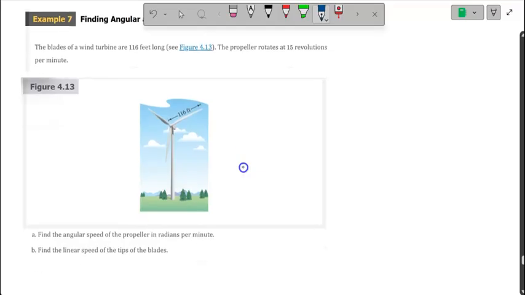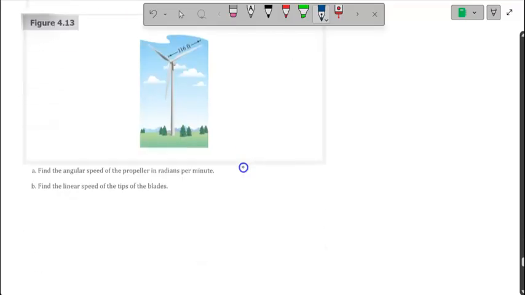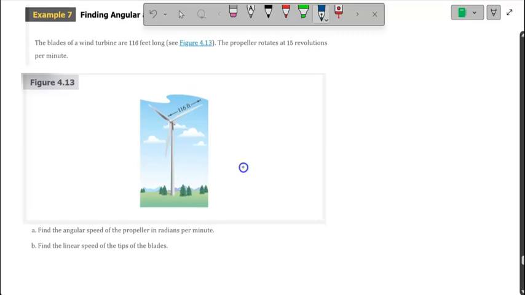Okay, so we have a very similar question here. So find the angular speed. So A, they want the angular speed, and then find the linear speed, right?